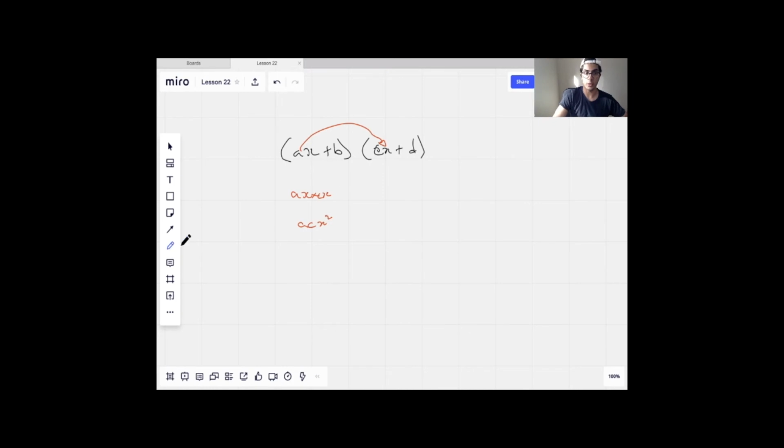And then we do ax times d, so it becomes plus adx. And then we do b times cx, so plus bcx. I know that's not exactly too visible. And then we do b times d, plus bd.